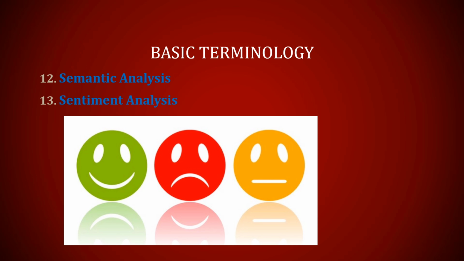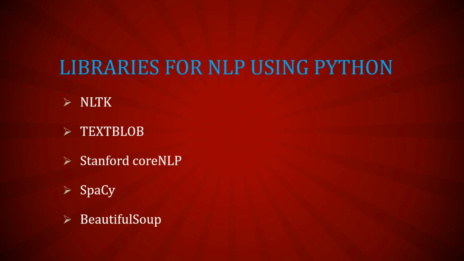So all these terminologies come in NLP, but when we are working with NLP, we are using some libraries in Python, because natural language processing is very good when we are extracting information from raw material data.